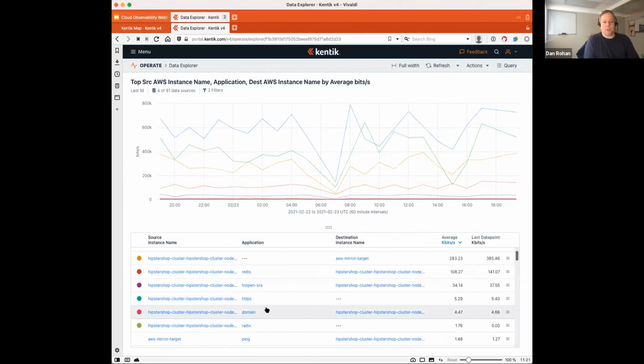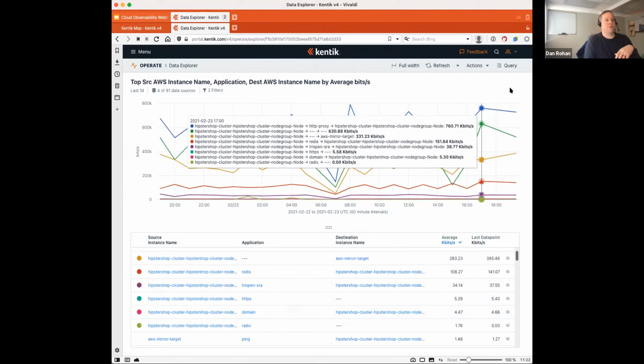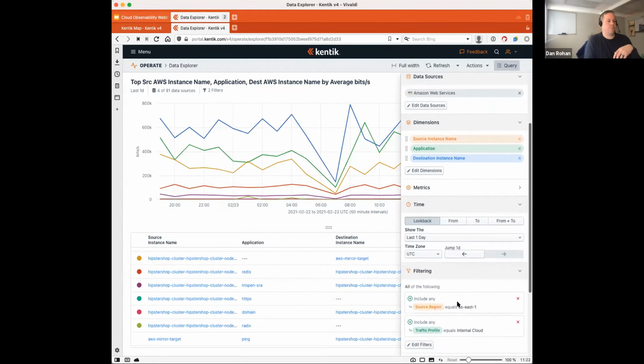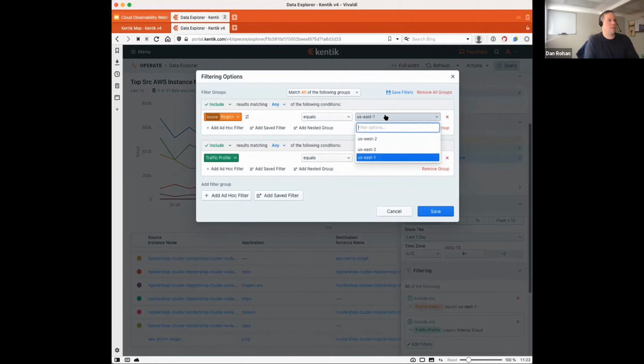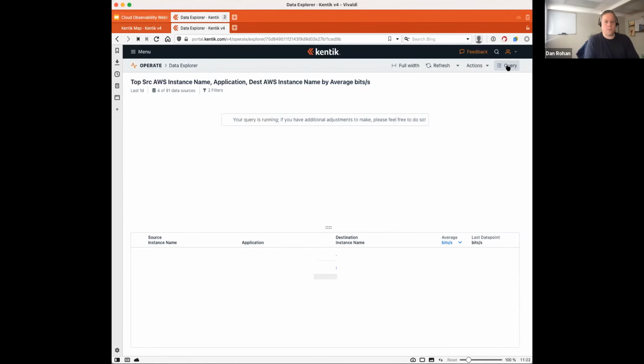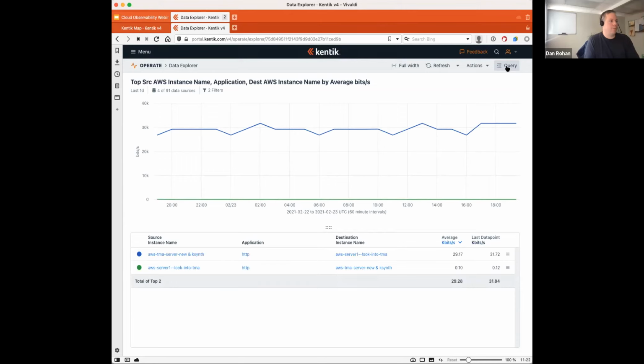So, let's go ahead and change our filter from US East 1 to US East 2. All right, so a little more boring, but we can now verify that we don't have any dips over here.